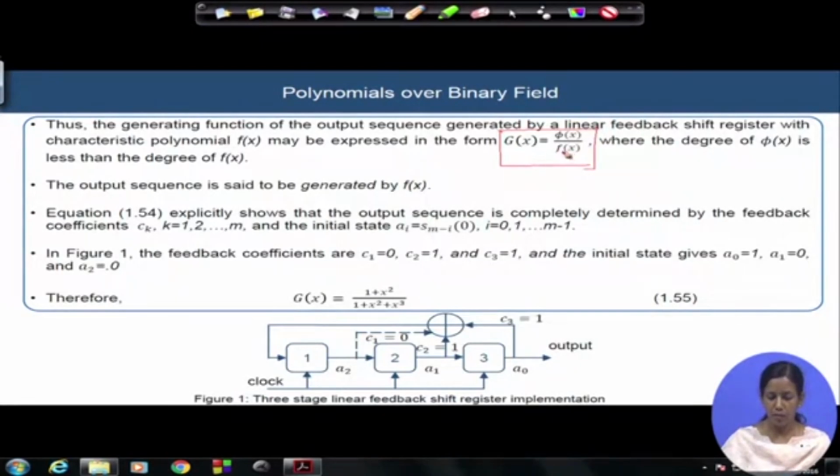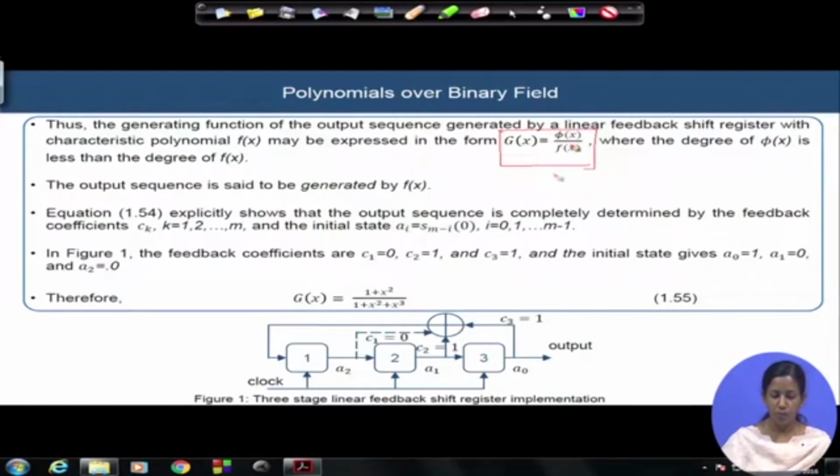It is basically the indication that the output sequence of a linear feedback shift register can be generated by the characteristic polynomial f(x), and the degree of this phi(x) should be less than the degree of f(x).